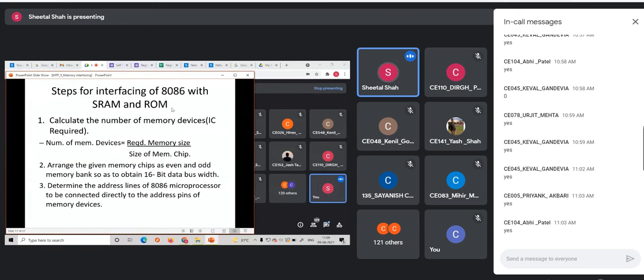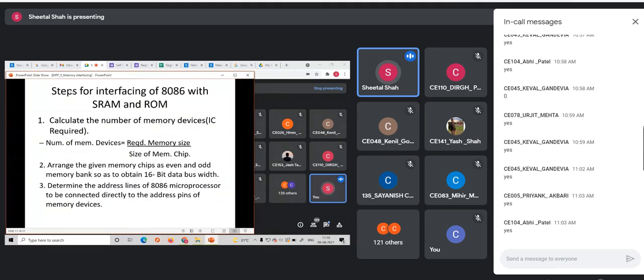How many ICs are required, that we have to find out. The number of ICs is equal to the required memory size divided by the available size. So the required memory size in my example was 64K, and the IC chip was of 1K. Okay, so 64K by 1K is equal to 64. So that means we require 64 IC chips to get the memory capacity of 64 kilobytes.